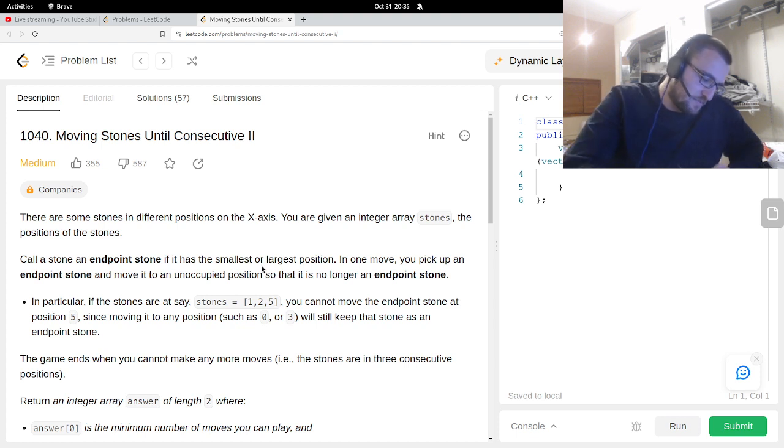What if you have a gap between a bunch of things? What if you have like 5, 10, 15, and 20? Right? You can always move all the elements that are out of the gap into the gaps, fill the gaps. So 10, 11, 12, and 15.